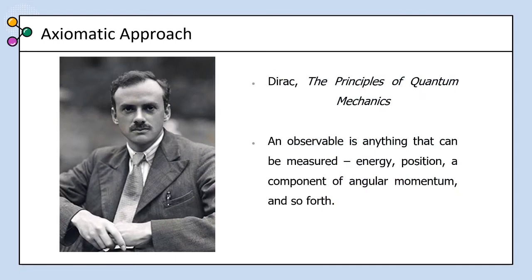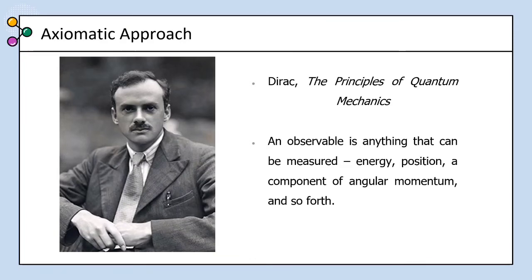Axiomatic approach. Although the two Schrödinger equations form an important part of quantum mechanics, it is possible to present the subject in a more general way. Dirac gave an elegant exposition of an axiomatic approach based on observables and states in a classic textbook entitled The Principles of Quantum Mechanics.